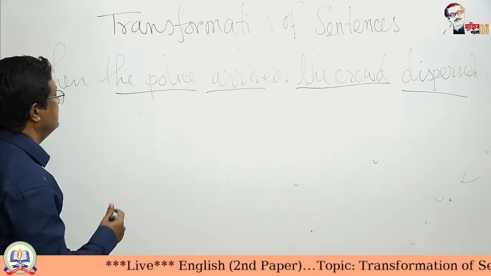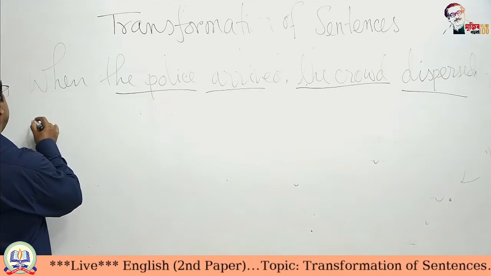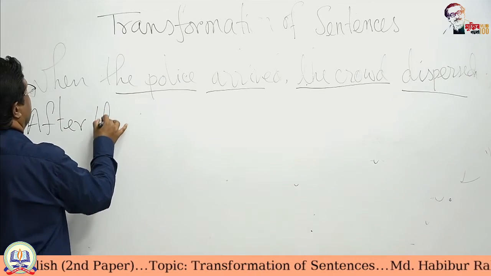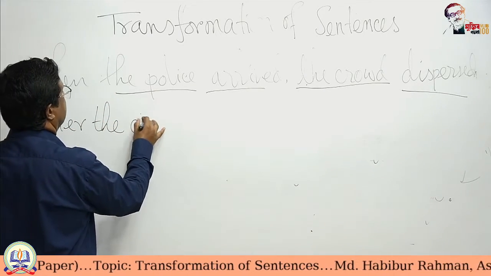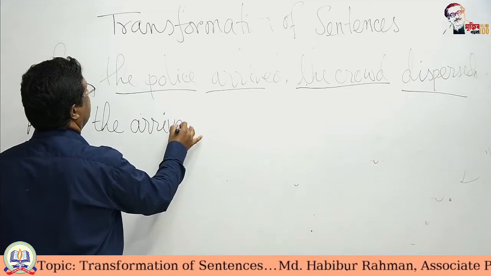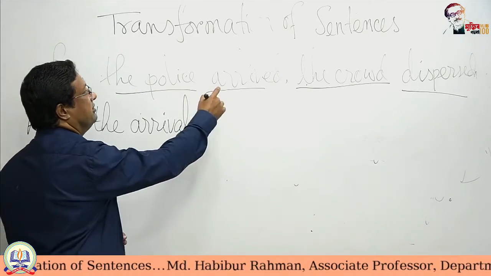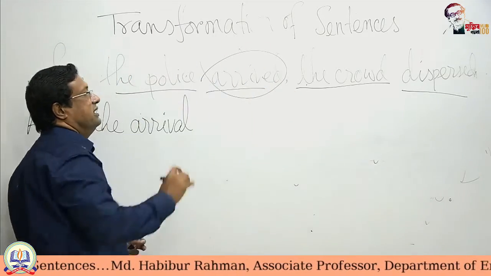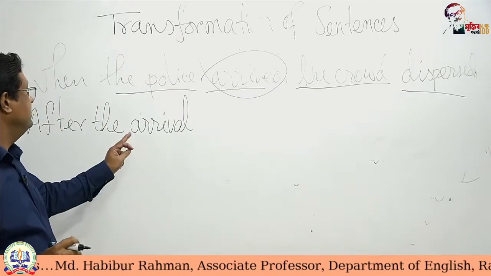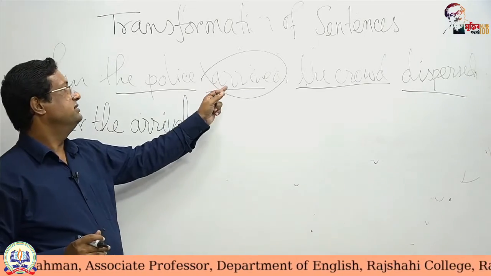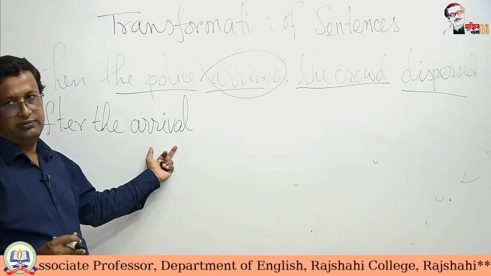Suppose if we change this in this way, after the arrival. Arrival why? Arrival because it derives from verb arrived. Arrive is verb and arrival is noun. So in this way we are changing the verb form into noun form.